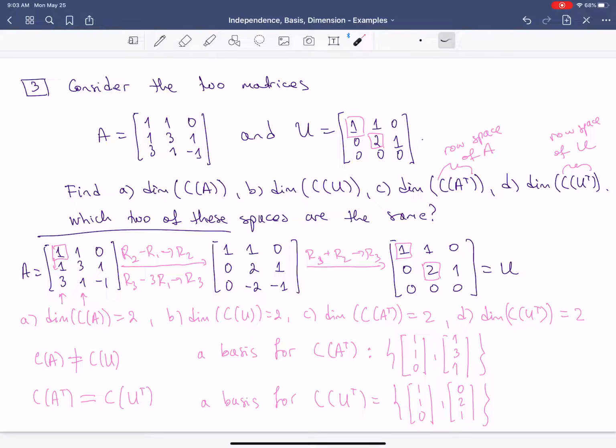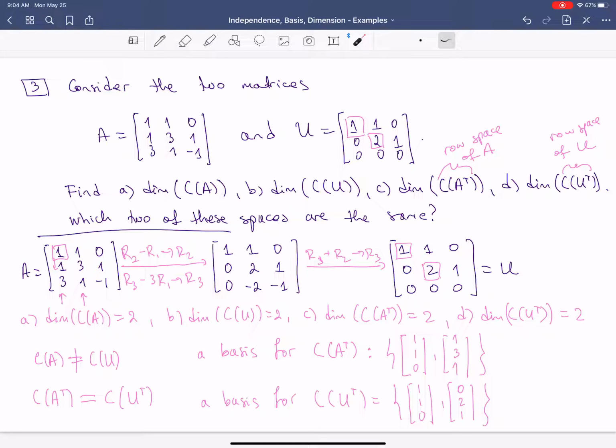Now, to show equality, I also have to ask, is it true that the vector 1, 3, 1 is a linear combination of these two vectors? In other words, could I go back? Well, we have seen that it is definitely possible to reverse these operations. How do we go back? We go from a minus into a plus. If I add these two rows, I'm going to get that row.